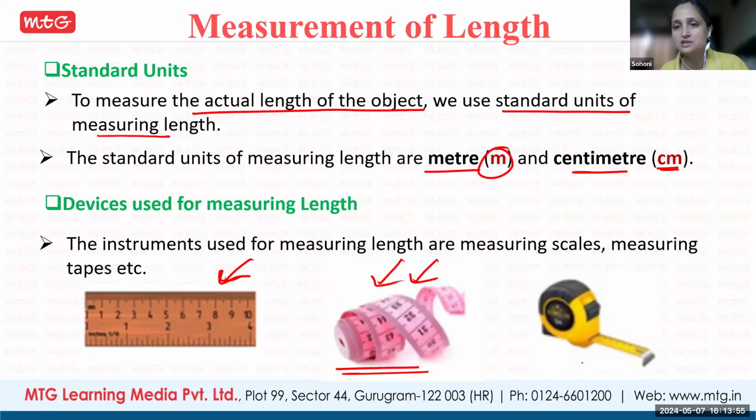And the third one is also a tape, and this one is used by carpenters normally. All these devices are for measuring length, and they are standard because they are given in meters and centimeters.